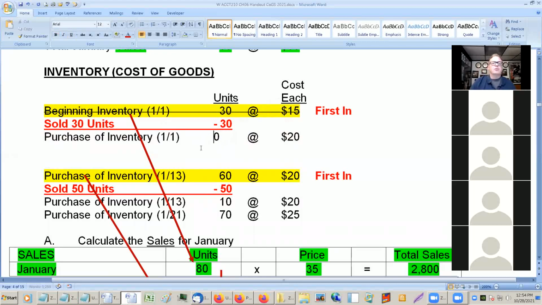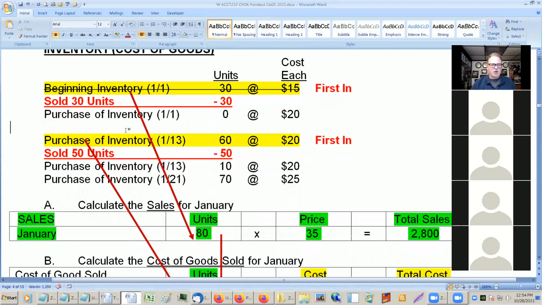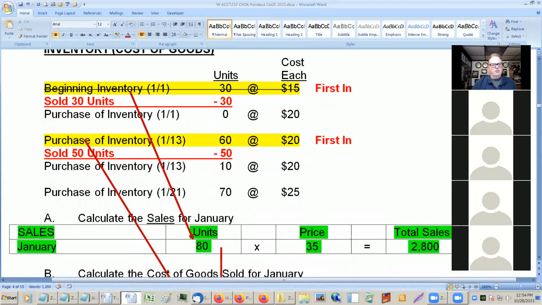The only difference is that this one is sold all the way out to 0, right? So this one's gone.